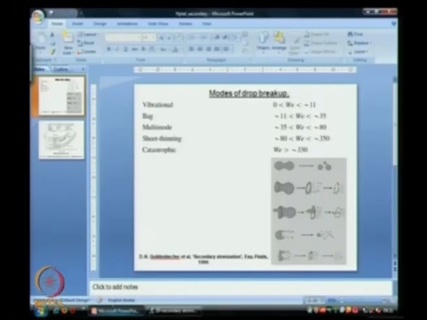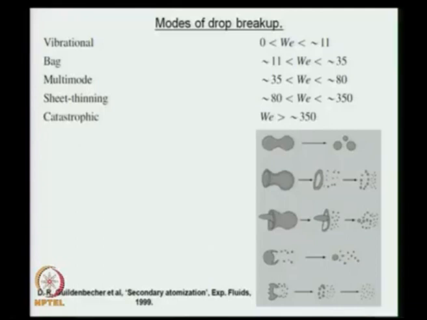Okay, so this is a situation of about order 1 Weber number and Ohnesorge number being order 10 power minus 3, etc. So, let us see what these really mean in the case of a spray. And so, we will first look at what the Weber number means in the case of a spray.